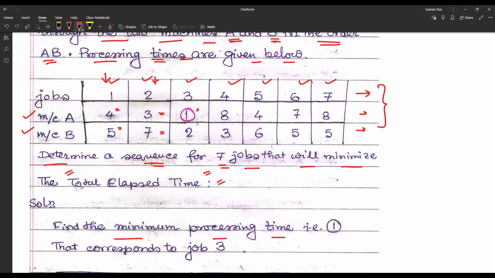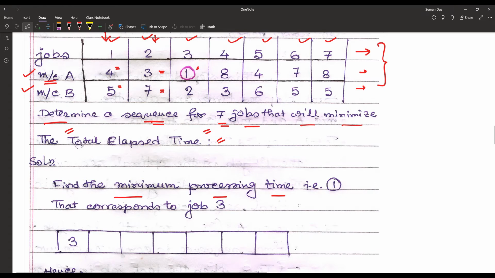There is no other minimum processing time found, and that belongs to machine A. So we construct another 7 boxes for the 7 jobs. As the minimum processing time comes from machine A, we write it in the first place of the sequence. Suppose that one was in machine B, it must be written here, that means the last of the sequence, and that is what step 2 says.